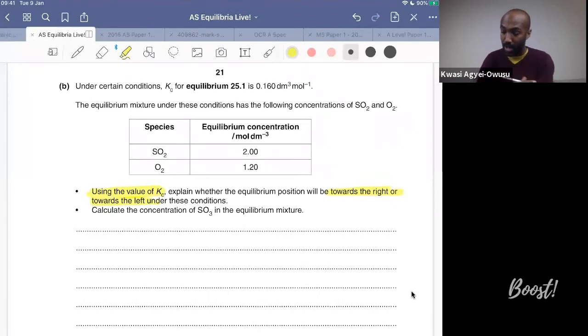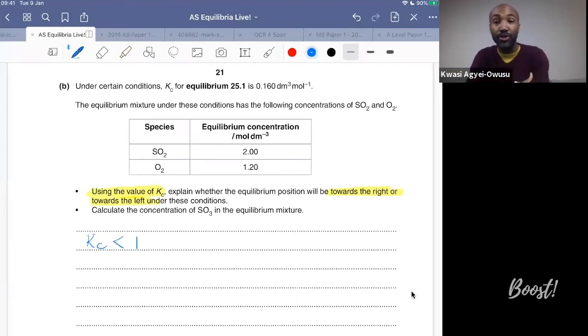Okay, so the first thing we need to think about is the value of Kc. Now, Kc here is less than 1, because we've got a value of 0.16. Okay, so Kc is less than 1. That is telling me that the numerator for the equilibrium expression for Kc is smaller than the denominator.